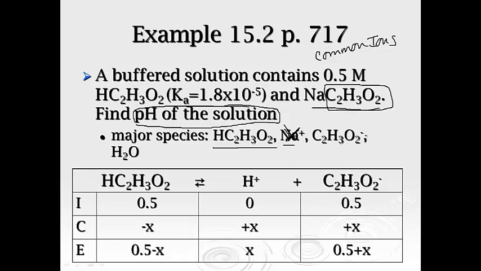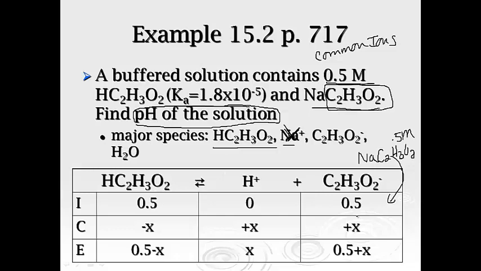So we've got to set up an ICE chart, and again, you have to put in the fact that it's 0.5 molar. So we've got our 0.5 molar of acetic acid, but we also have to add in the 0.5 here simply from the sodium acetate. That's where this initial 0.5 is coming from. And it's going to change.